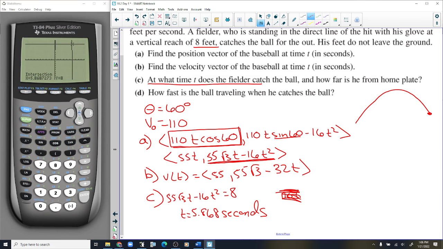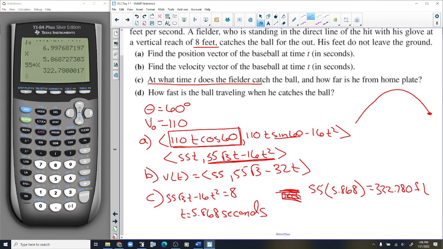So it's just going to be 55, X holds that time right there. So it's 55 times X. So 55 times the 5.868, and we use the non-rounded version in the calculator, is 322.780 feet.